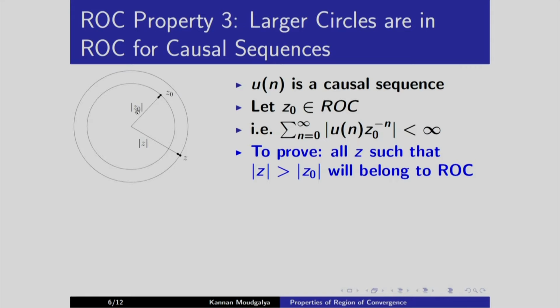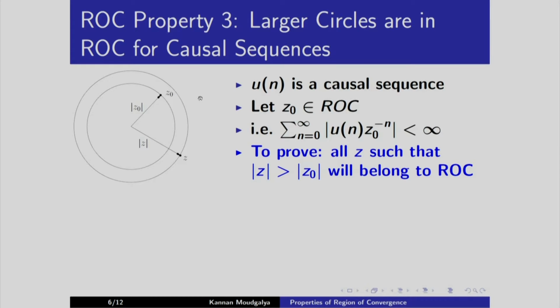Because this Z0 belongs to region of convergence, this circle belongs to region of convergence, this is what we called the ring earlier. It is a circle whose radius is larger than the radius of this inner circle. What we claim is this larger circle will also belong to region of convergence if it is a causal sequence.